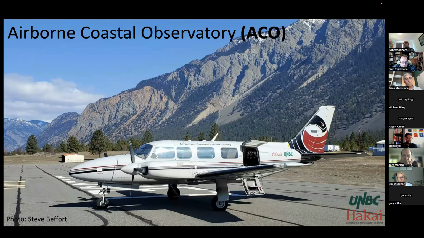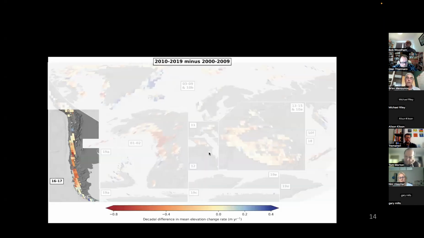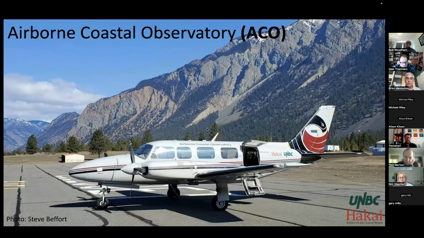But there are times where we wish to say something with greater frequency, or we wish to use sensors that can tell us something about elevation change, but also perhaps surface optical properties. And in this case, it's really through an amazing partnership with a nonprofit organization called the Hakai Institute. I've had the luxury of working with the Hakai Institute to better understand how glaciers in the landscape in Western Canada are changing.